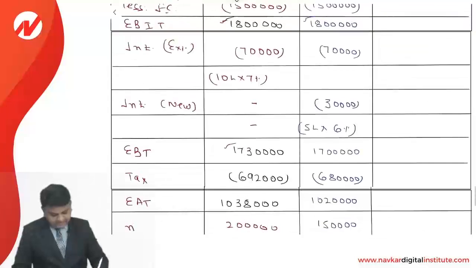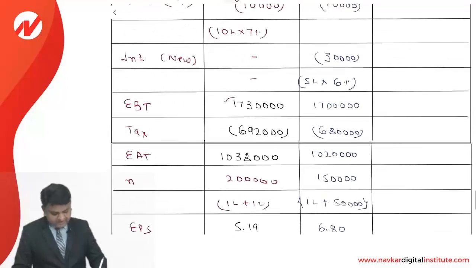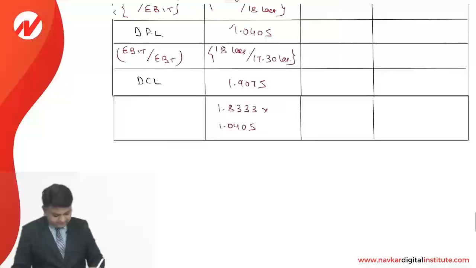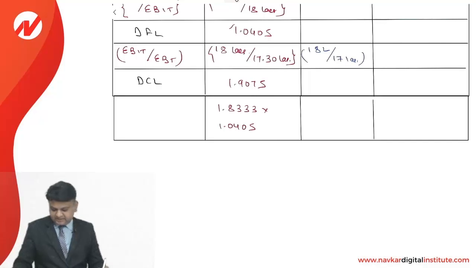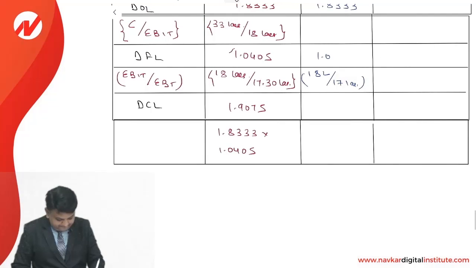It is EBIT, that is 18 lakhs, divided by EBT, 17 lakhs. 18 upon 17 is 1.0588.